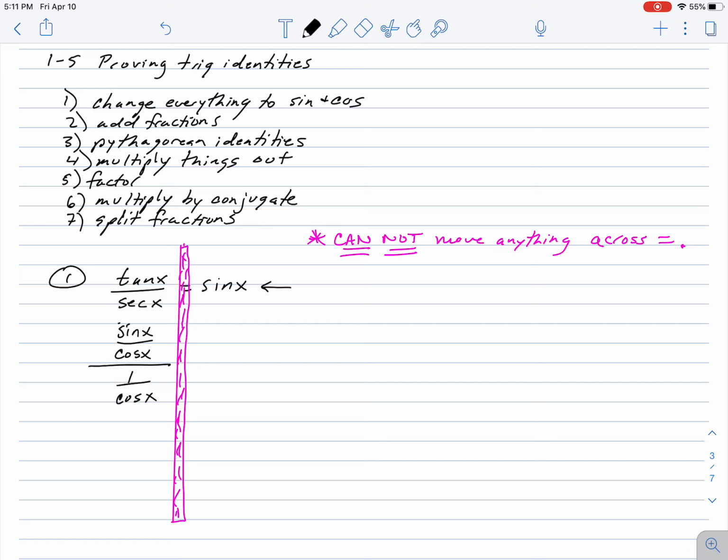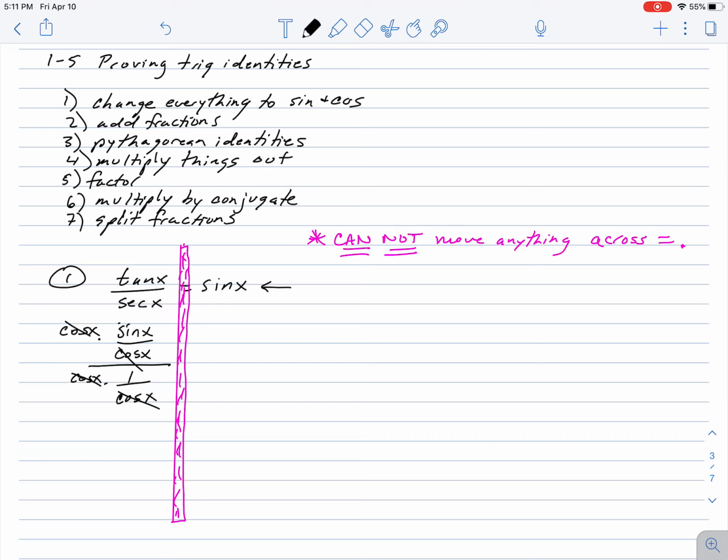So in this sense, it's very much like those simplification problems, because you're just kind of forgetting the right-hand side, and you're just simplifying. So you're doing a lot of the same stuff, which is why we did that first, to get you comfortable with that. And then you're just trying to get this to look like the right-hand side.